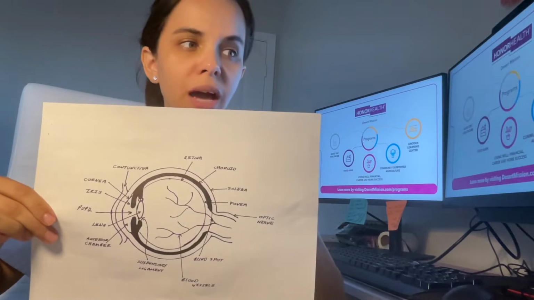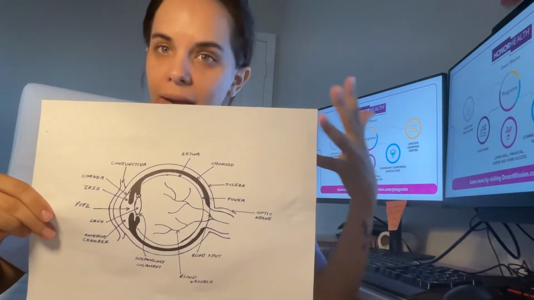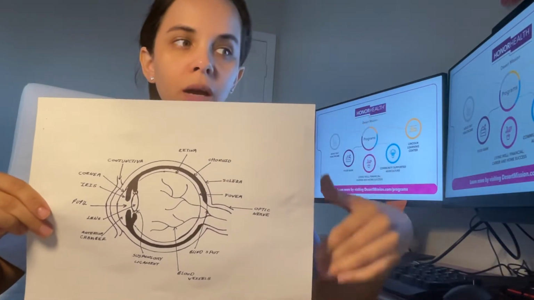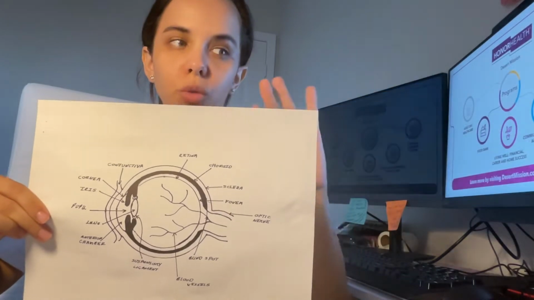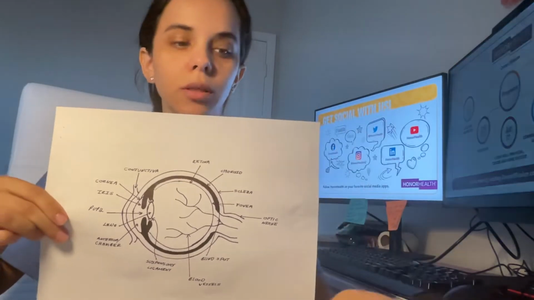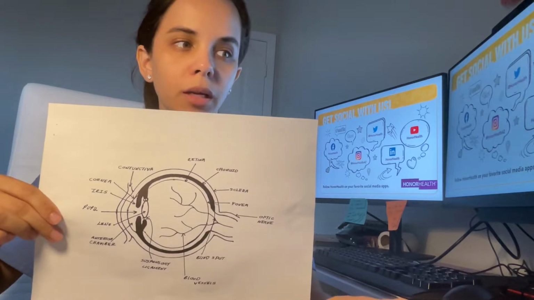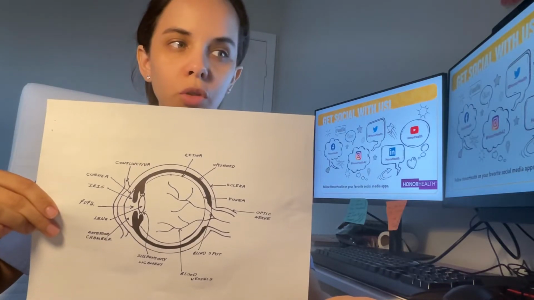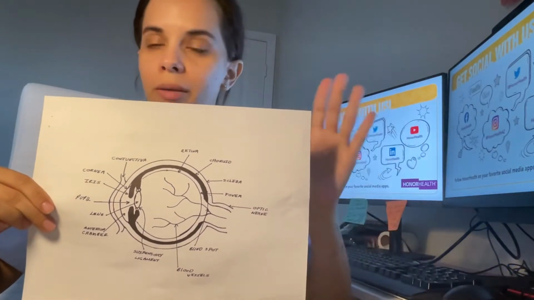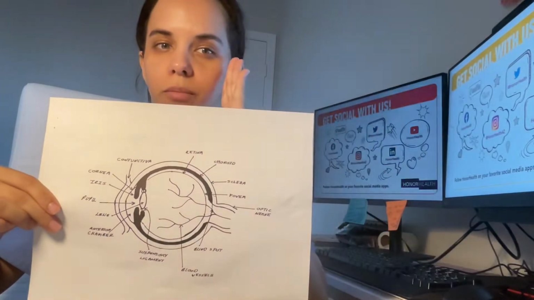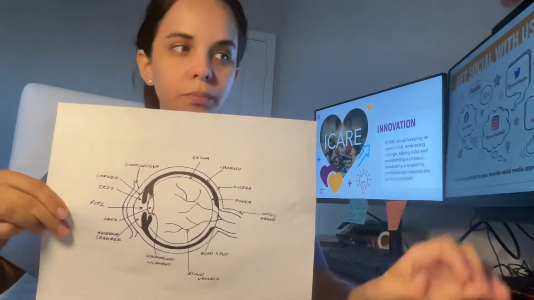Some of the symptoms are that they need brighter light to be able to see properly, increased difficulty adapting to low light levels, and central vision issues.